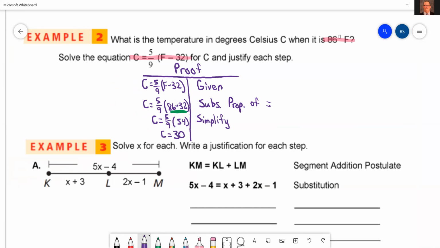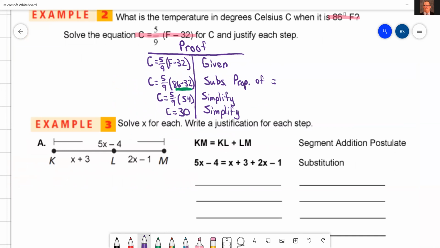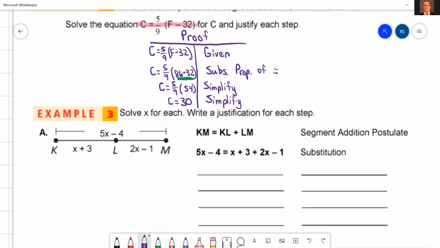No. We only stayed on the right side. So our reason here would be simplify. And that's it. We solved for C. And we justified our reason.